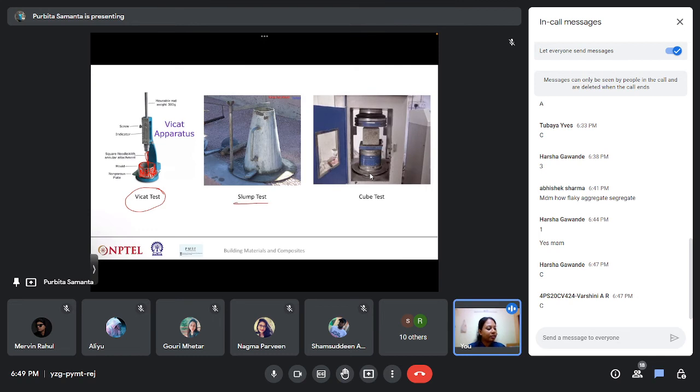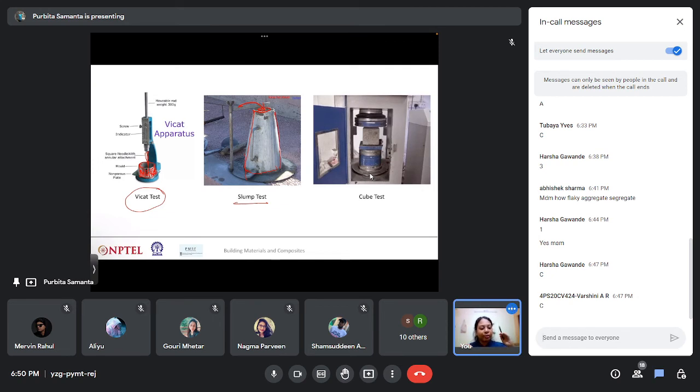Then we have slump test, where we use this kind of instrument, and we put inside the prepared fresh concrete, and then we slowly move it. Of course, compaction is done with the help of a compaction rod, and there's a certain procedure when we do the slump test. You don't put the entire concrete all at once. You put it in layers.